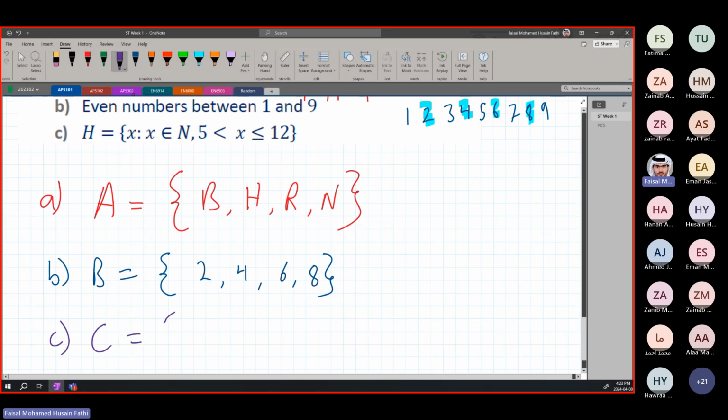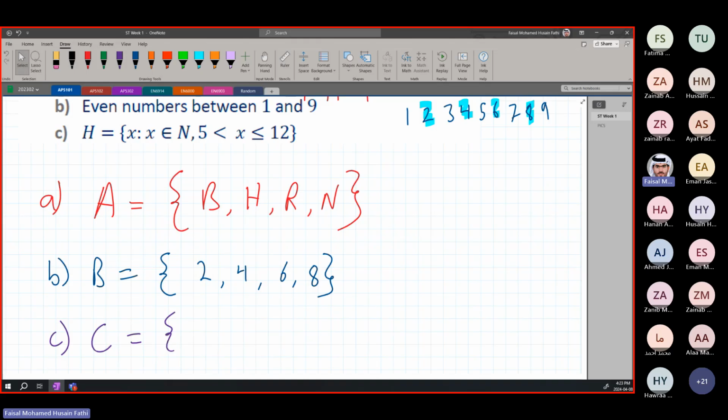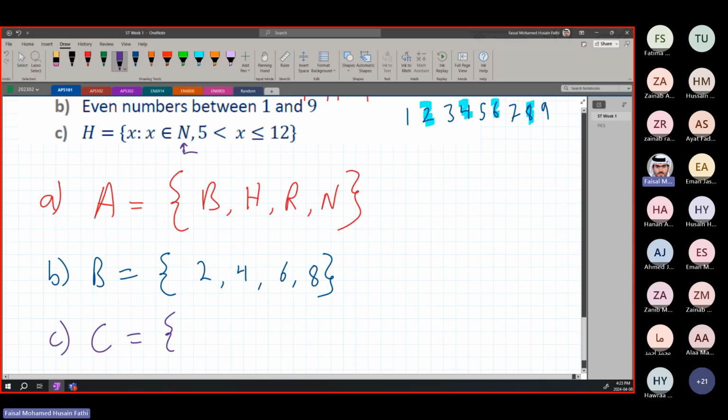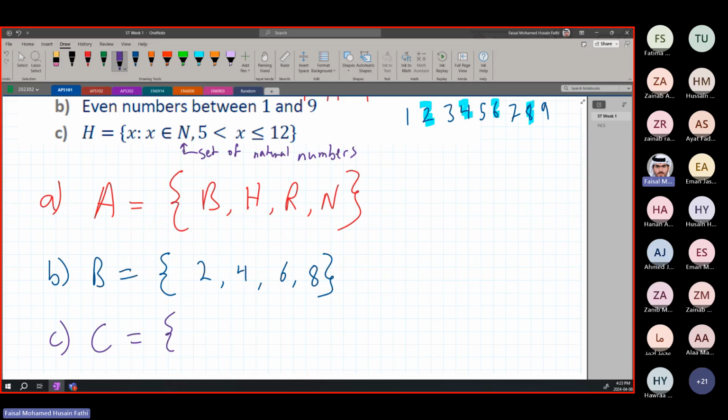C is equal to {x : x is an element of N}. When you see something like this, it basically means N is the set of natural numbers, meaning it can be any number. This is what a natural number is.